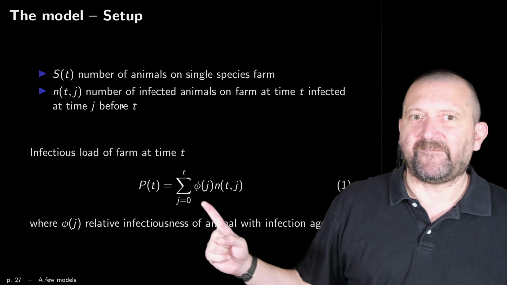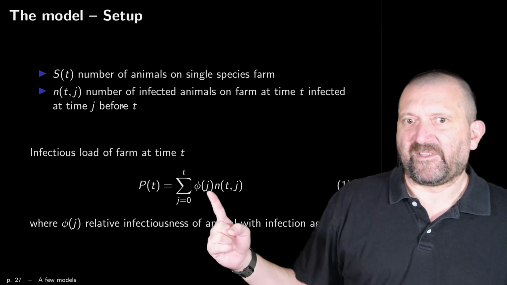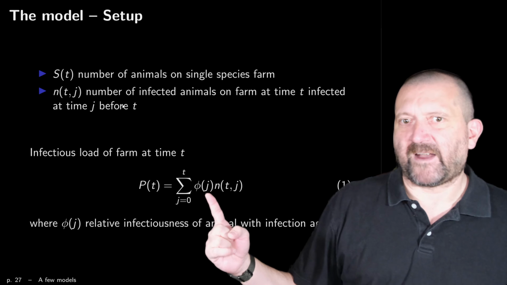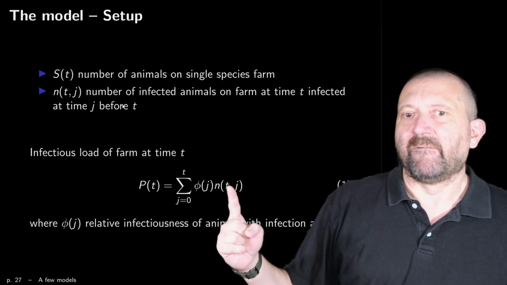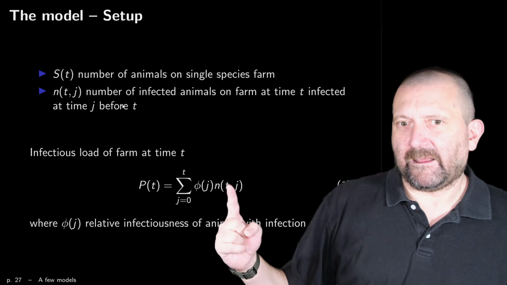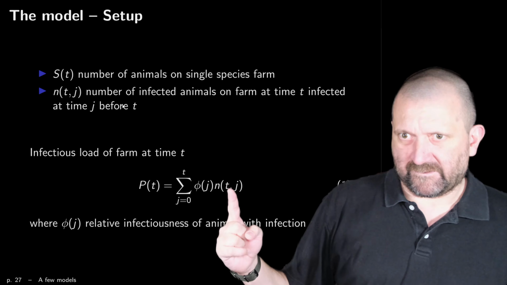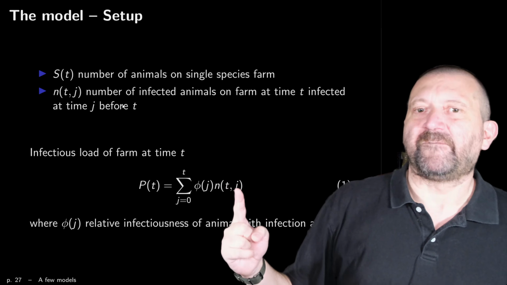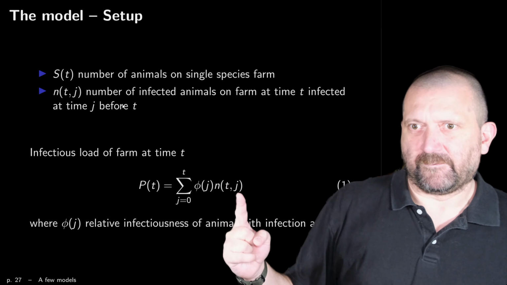And that infectious load on the farm is the product of this function phi of j times the number of individuals who are infected right now and were infected j time units ago. Okay.